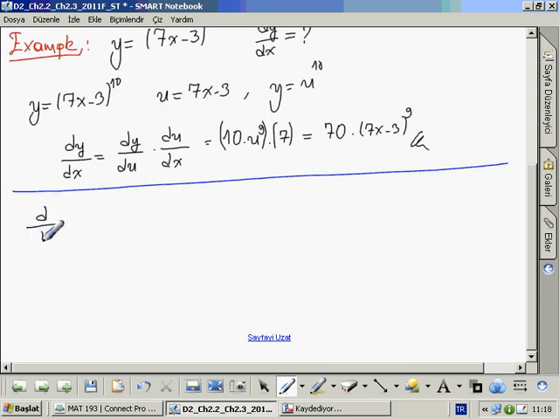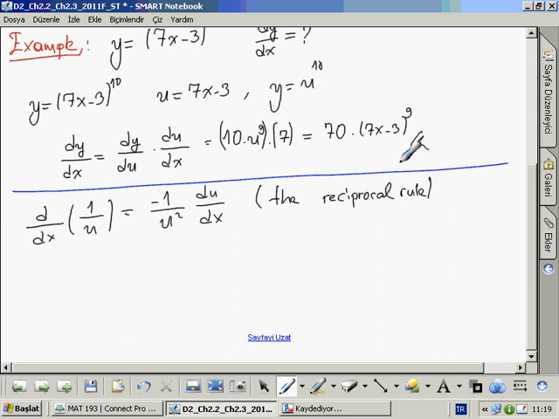Del over del x of 1 over u equals minus 1 over u squared times del u over del x. This is the reciprocal rule. Del over del x of square root of u equals 1 over 2 times square root of u times del u over del x, which is the square root rule.